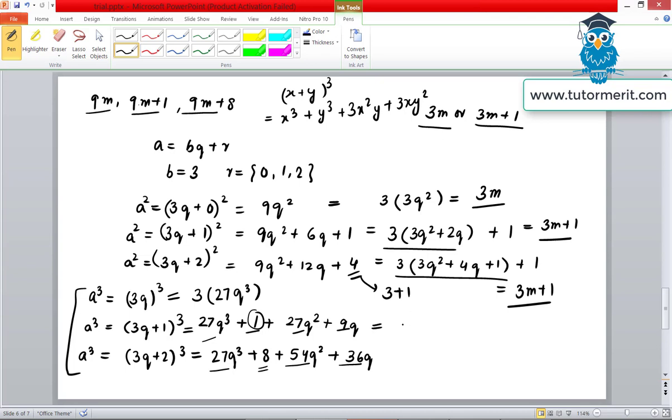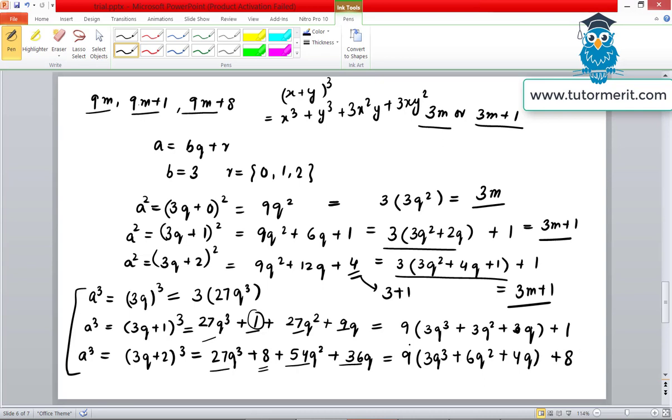So I'll just simply say 9 into 3q cube plus 3q square plus q, plus 1, and this will be 9 into 3q cube plus 6q square plus 4q, plus 8.